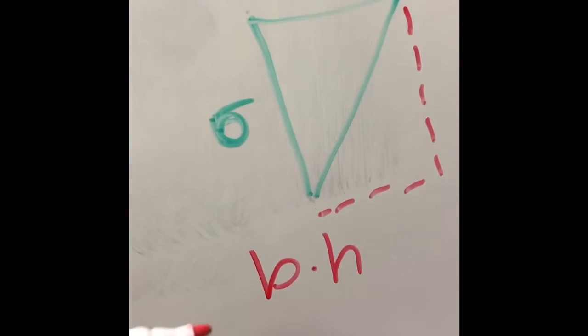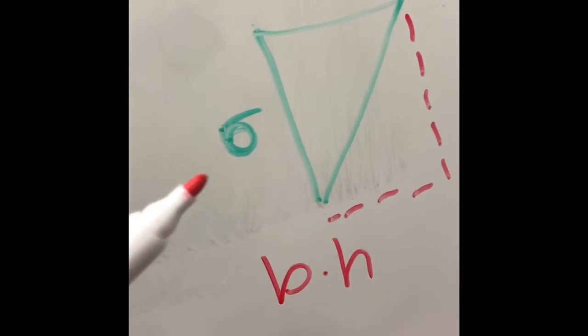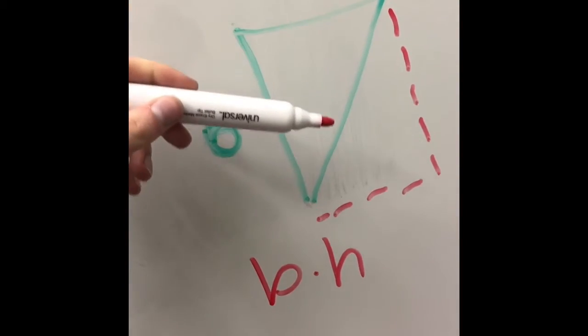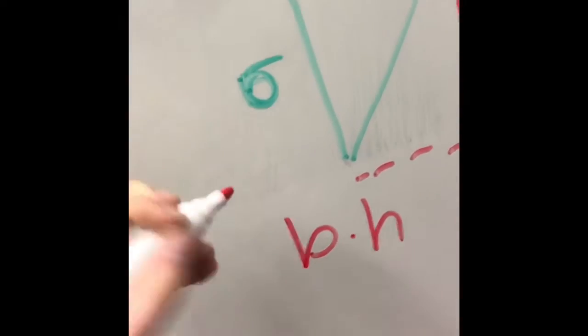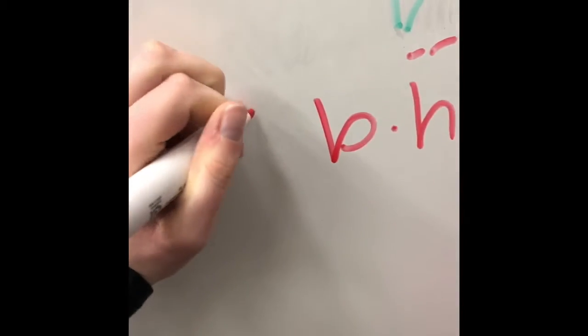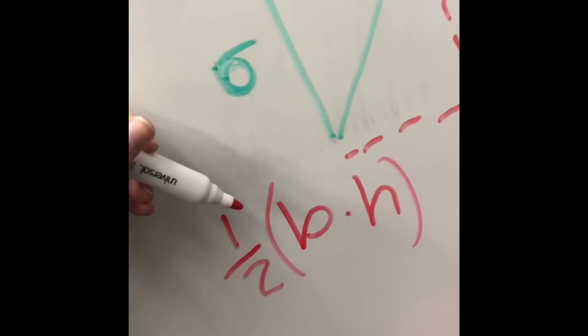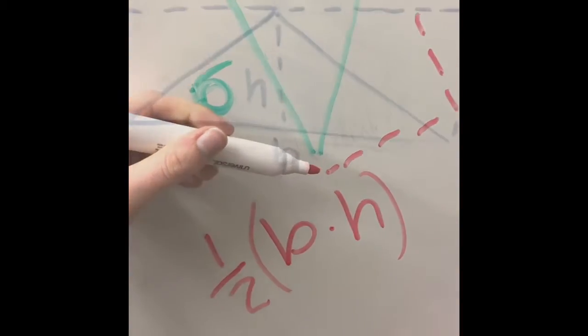But since we want to find the area of the triangle, we notice that it's only half of this rectangle, and that's when we add in our 1/2 here, giving us 1/2 base times height.